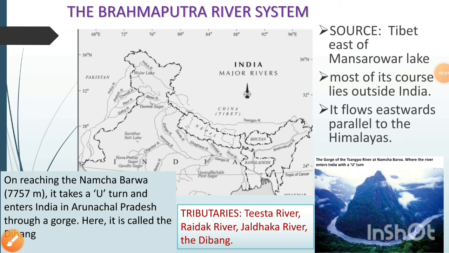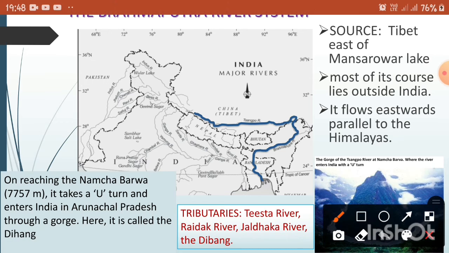Now the third river, the Brahmaputra river system. This is the Brahmaputra river. The source of the Brahmaputra river is Tibet, near Mansarovar Lake, east of Mansarovar Lake. Most of its course lies outside India.